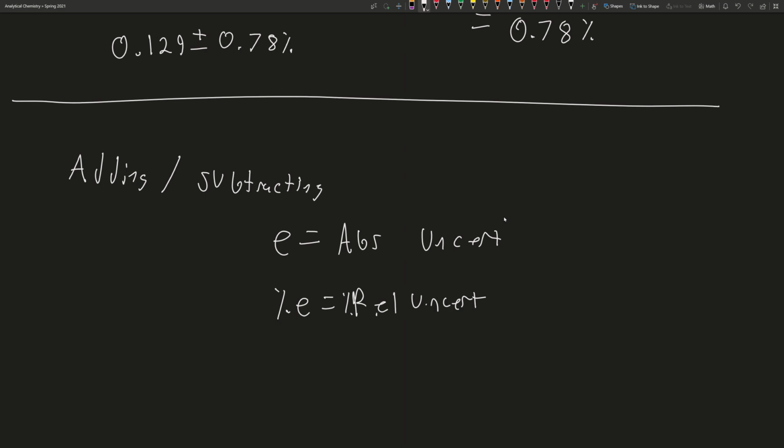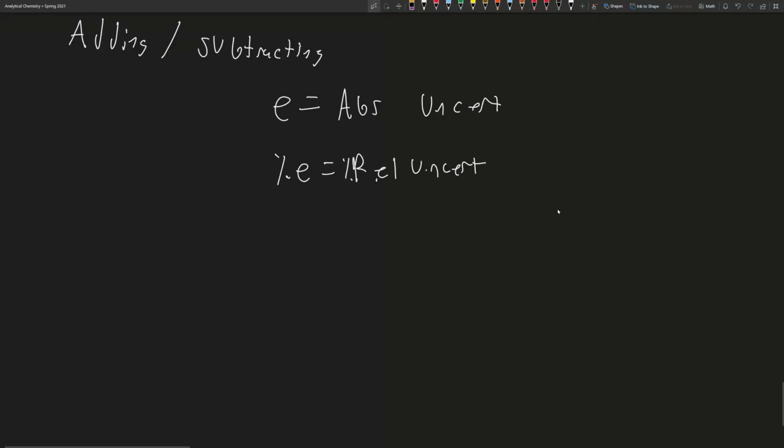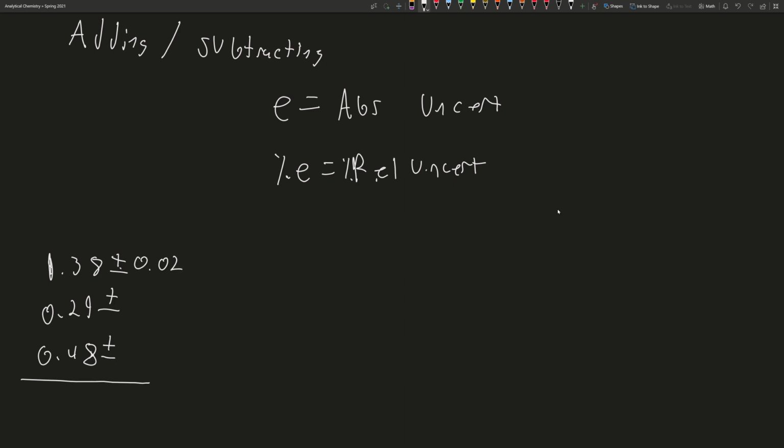So when we are adding and subtracting uncertainties, say we have these values: 0.29, 0.48, and so on. Then we have the following uncertainties associated with them: 0.02, 0.01, 0.03.